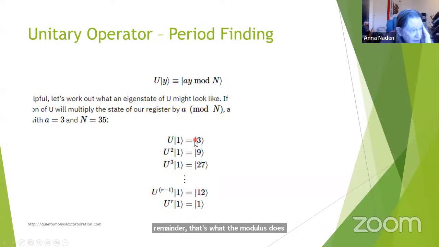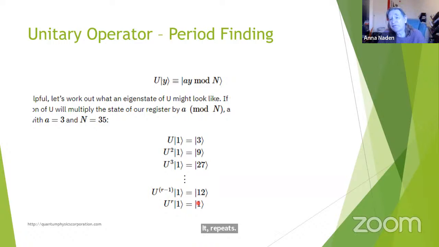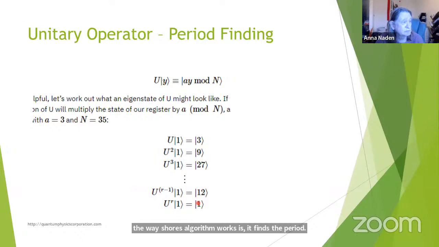Well, 3 times 1 is 3. 3 squared times 1 is 9. 3 cubed times 1 is 27. Take my word for it, 3 to the 11th power leaves a remainder of 12. 3 to the 12th power gets you back to 1. So it's periodic, it repeats. And the way Shor's algorithm works is it finds the period of the unitary transformation.